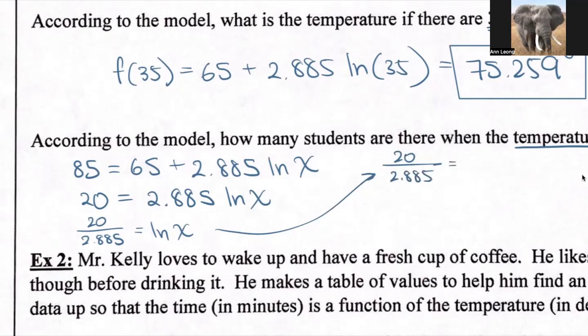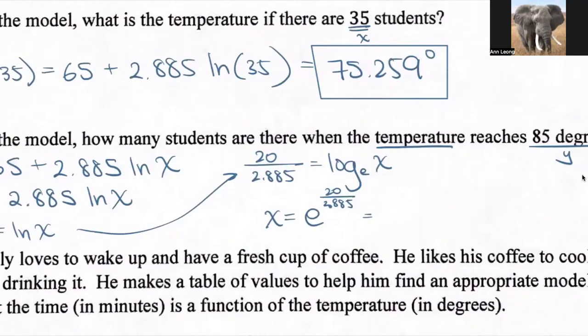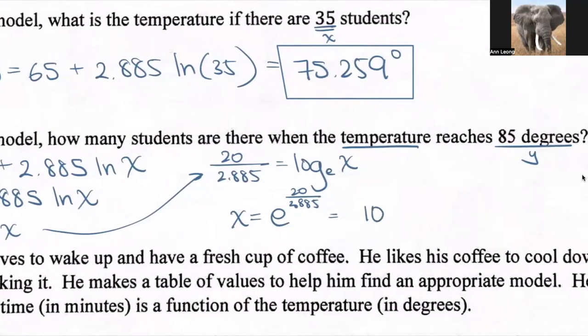So we know that this is log base e of x, which means x is going to be e to the power of that fraction. If you type that in, that ends up being about 1,025 students.